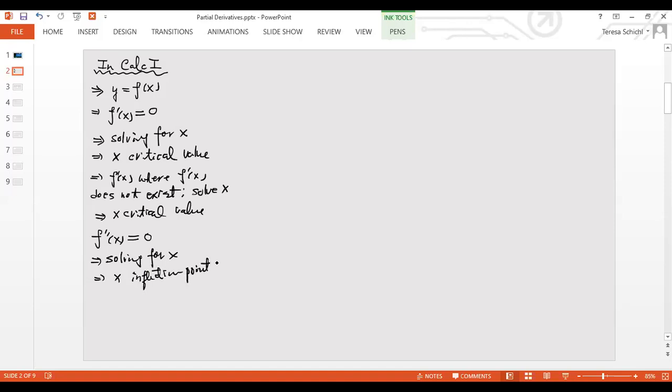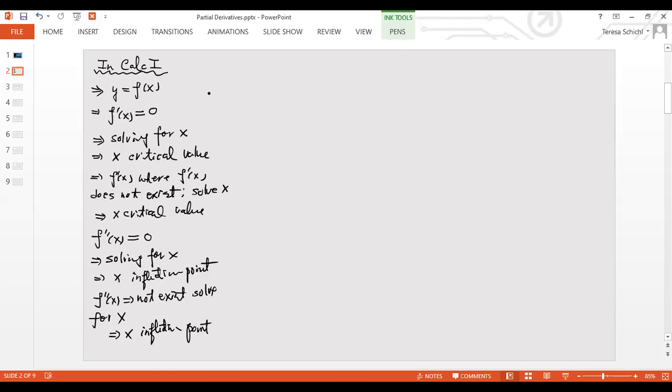This is where the concavity changes, or it could happen where f double prime x does not exist. Then you solve for x, and we also call this the inflection point.